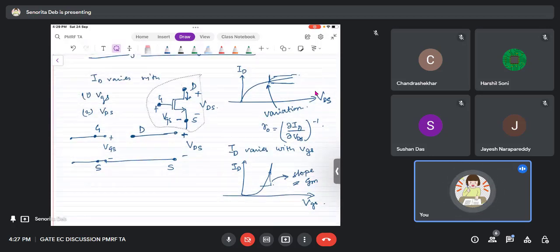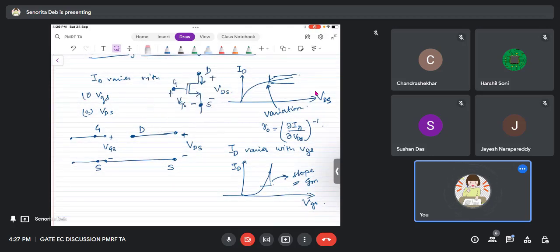Okay, so now we are saying that ID is varying with VGS as well as VDS. So there is one current source in this direction, which is given by GM VGS. You can see it from the input characteristics which I have drawn here. The slope GM will be delta ID by delta VGS, right?